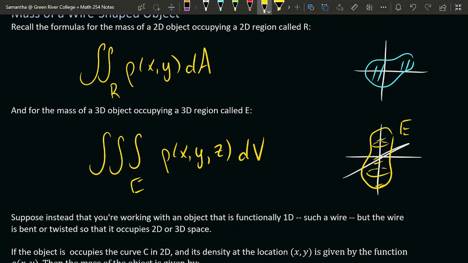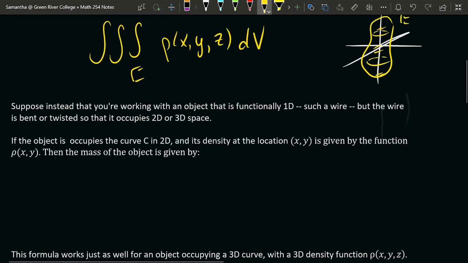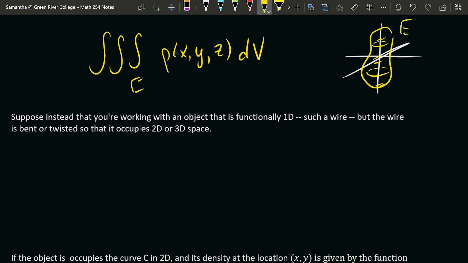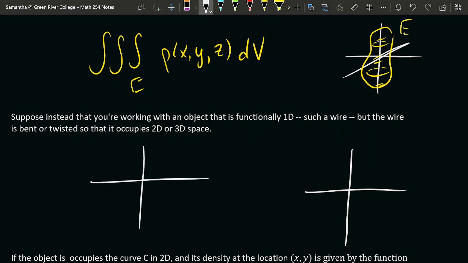But suppose instead that you're working with an object that is for all intents and purposes one-dimensional. For example, a wire or a thin cord. But perhaps the wire or cord is slightly bent or twisted or curved, so that even though it is one-dimensional, functionally speaking, it cannot be treated as living in one-dimensional space.